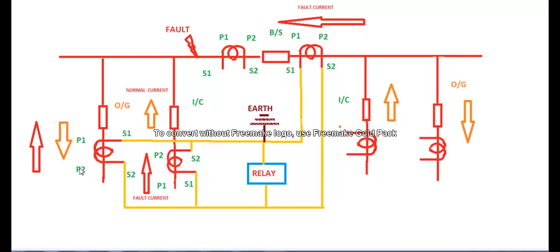So now the P2 current flow is positive and the P1 current flow is also positive. Now 1 plus 1 is considered 2. So the fault current flows to the relay, and it will operate.